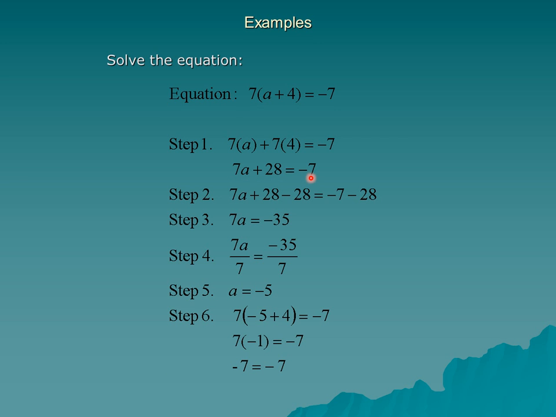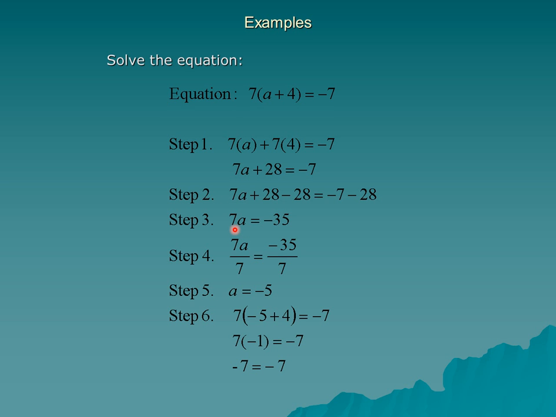Now it's simple, because you first want to get rid of this 28. To get rid of this 28, you subtracted 28 from both sides. You got rid of 28. Now it's 7A equals -35. Still you are not done, because you want to get rid of 7, which is multiplied with A. So what do you do?